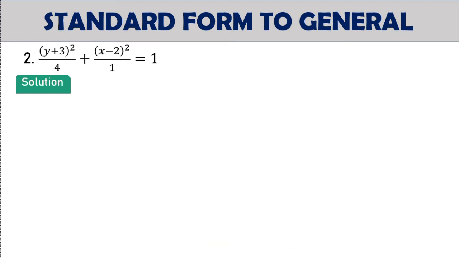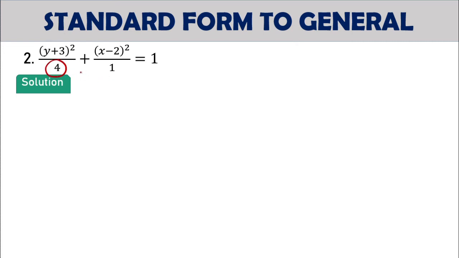Okay, let's proceed. Number 2, quantity y plus 3 squared over 4 plus quantity x minus 2 squared over 1 equals 1. In our previous examples, yung major axis nila is vertical. Pero in this example, makikita natin sa standard form na to, this is the a squared.